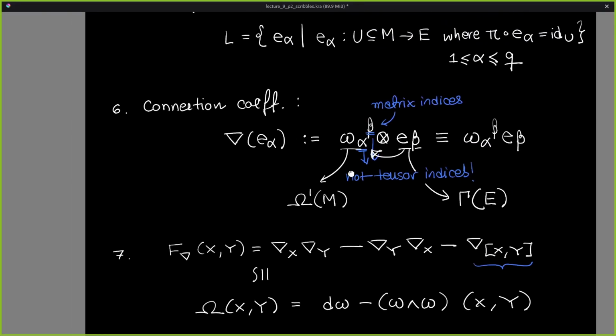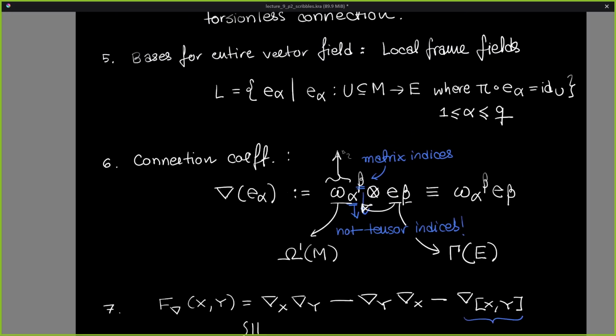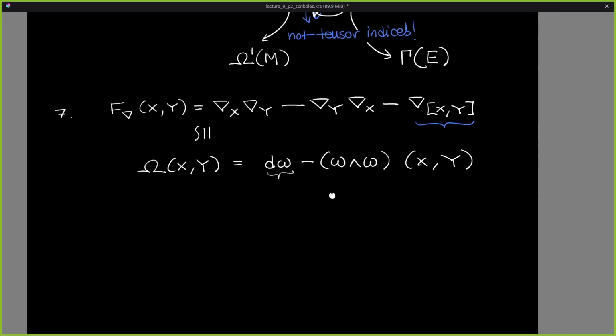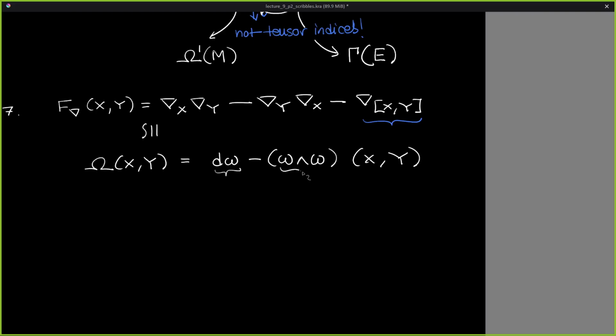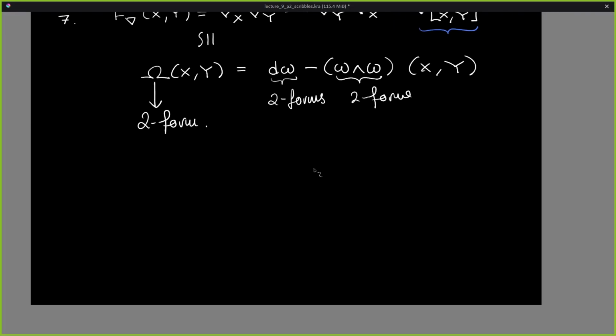This is since small omega was a one form, and here we have the exterior derivative of omega. And these are both two forms, as they would have to be since they're being subtracted off of each other. So then we know that this is a two form.